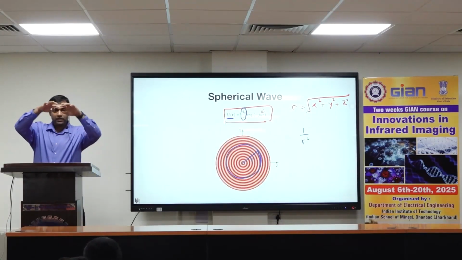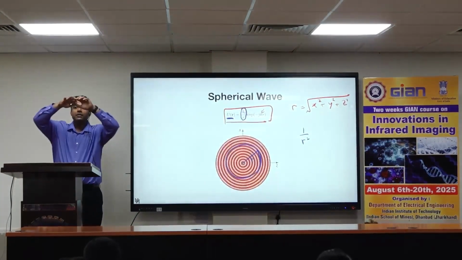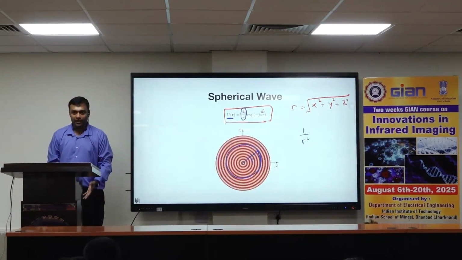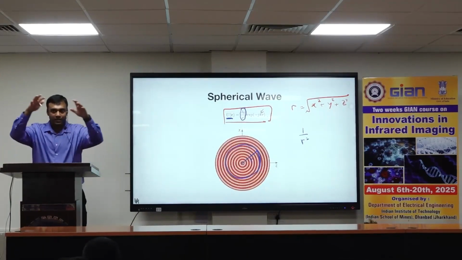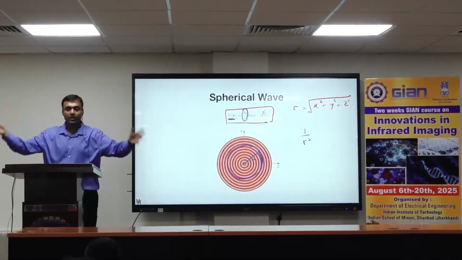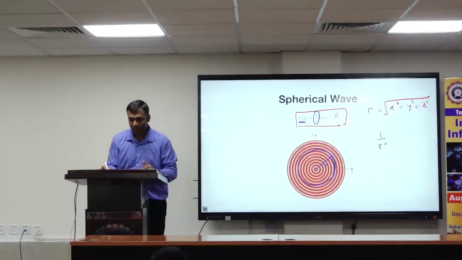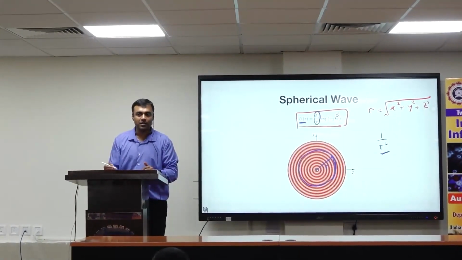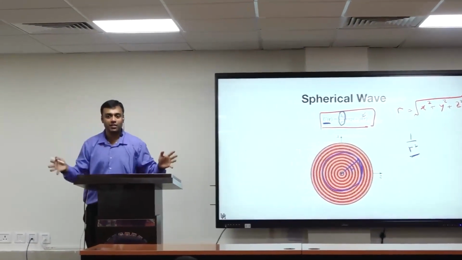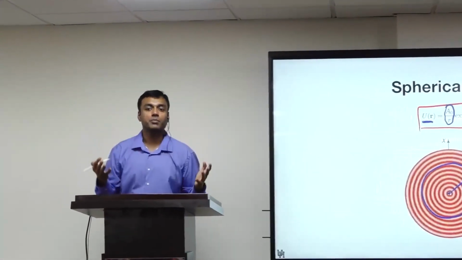Take any sphere of some radius; the surface area is 4 pi r square. Surface area times this intensity, 4 pi r square times 1 over r square, the r square cancels and it becomes a constant. So the energy in any sphere will always be a constant.